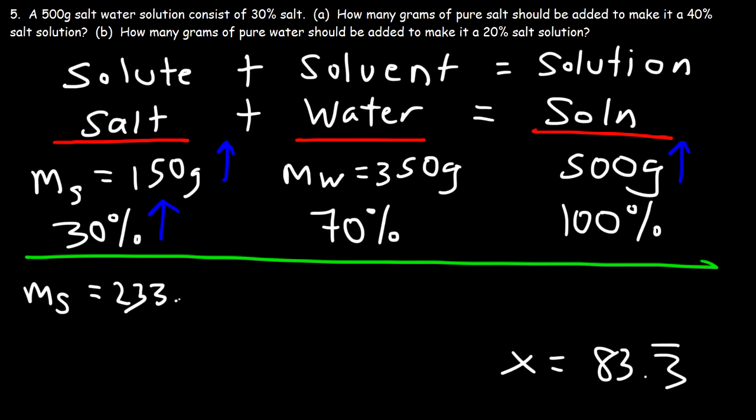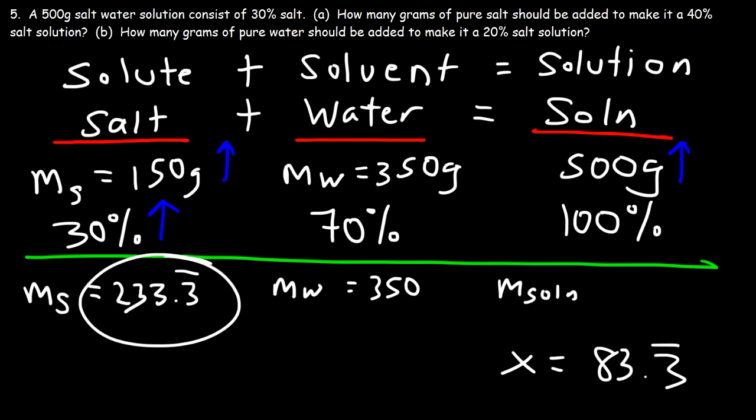That's 233.3. The exact answer should be repeated. Now the mass of the water, that's not going to change. That's going to remain 350. Now the solution is going to be the sum of these two values. So 233.3 plus 350, that's 583.3.